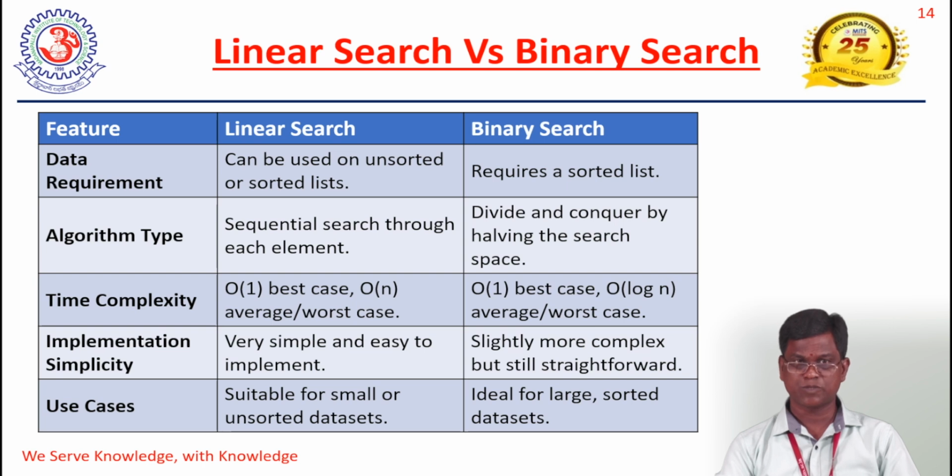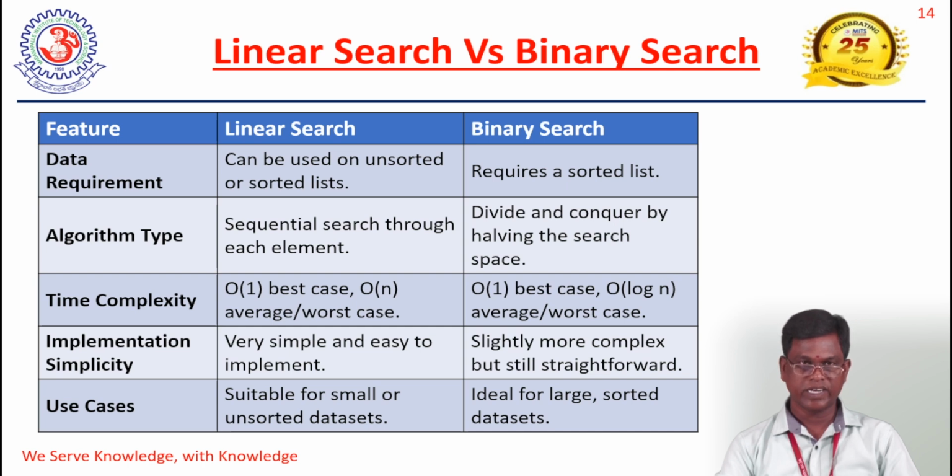Coming to the time complexity, linear search will take order of 1 for the best case, and order of n for the average case and worst case. And binary search will take order of 1 for the best case and order of log n for the average case and worst case.